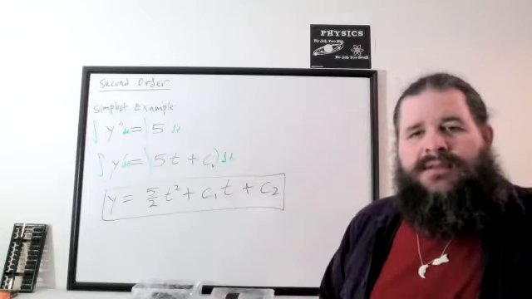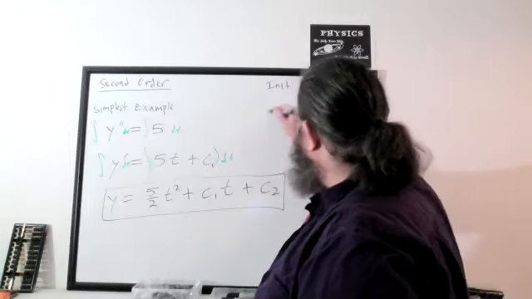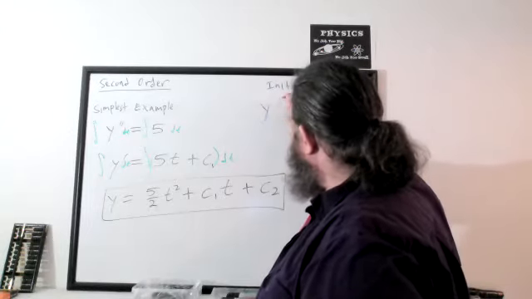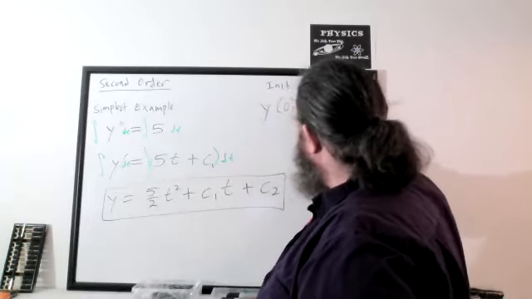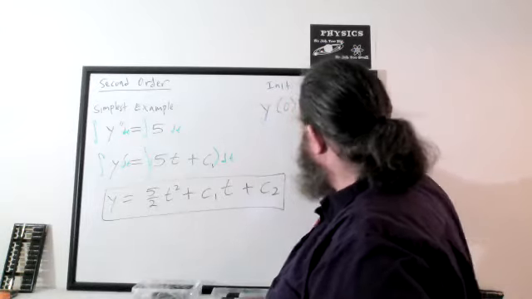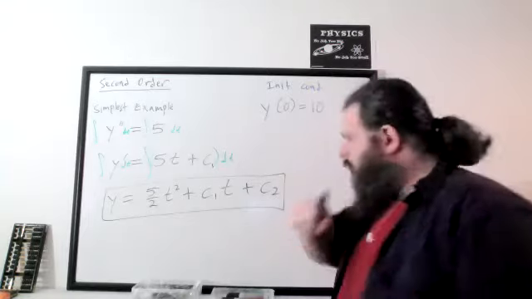So let's say we know that y of 0 equals 5. Well, we already used 5. Let's say y of 0 equals 10.